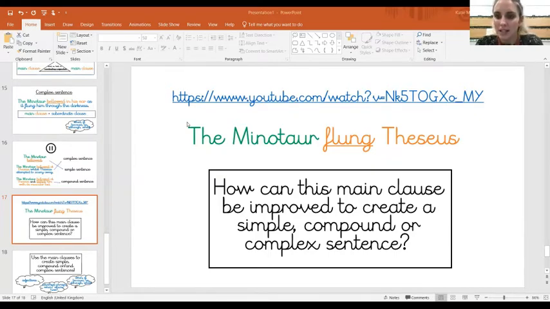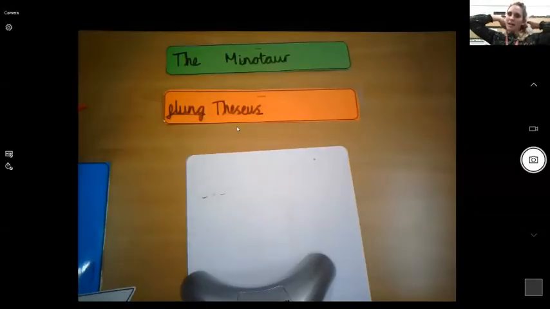Now, what we need to try and do is improve this main clause to create a better simple sentence, a compound, or a complex sentence. We're going to use our rainbow grammar cards to do this. So this is going to be my turn, and I want you to watch how I do this. So here is the main clause, the Minotaur flung Theseus.